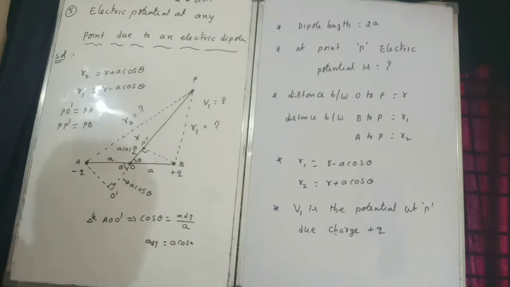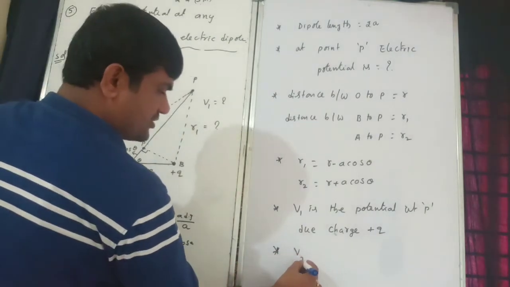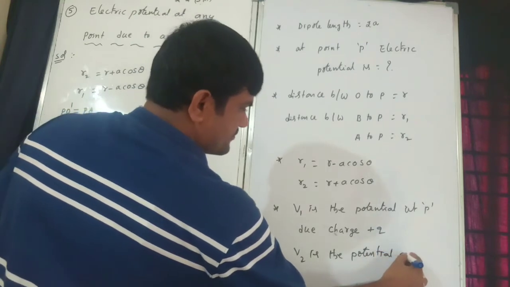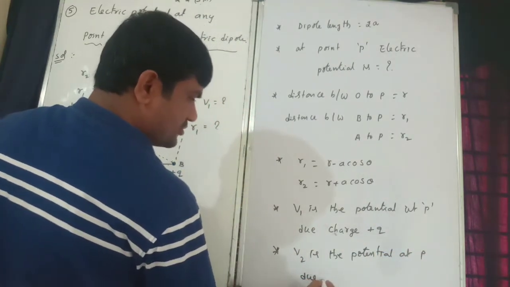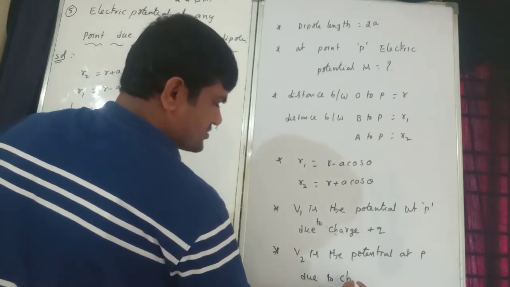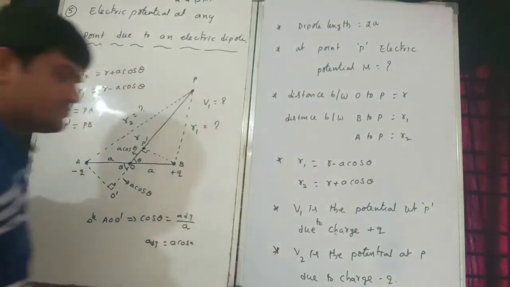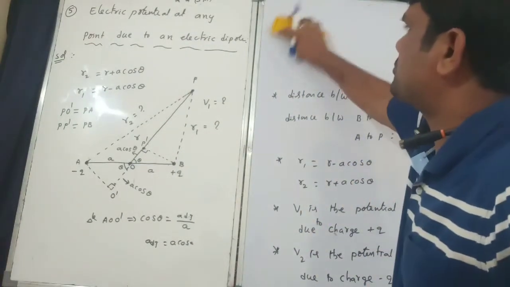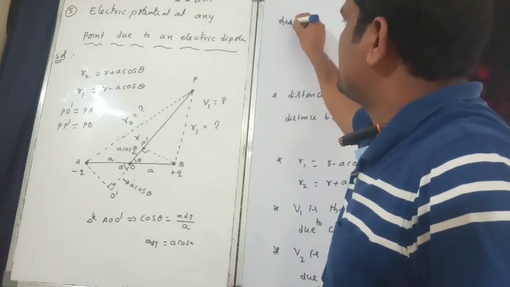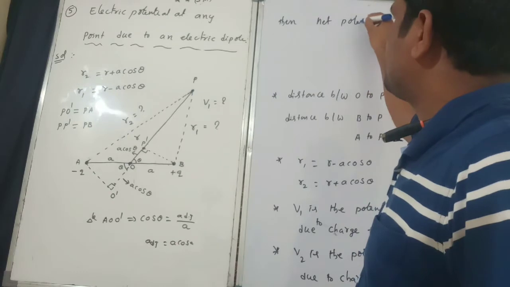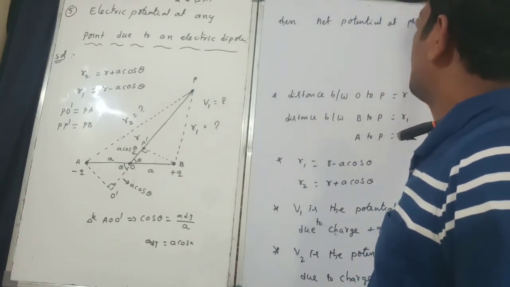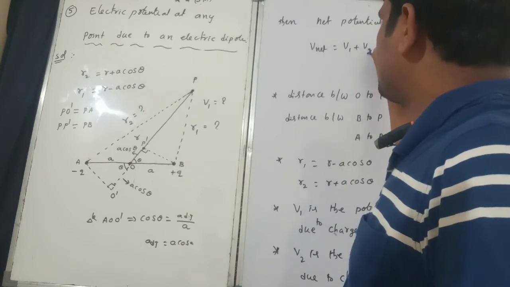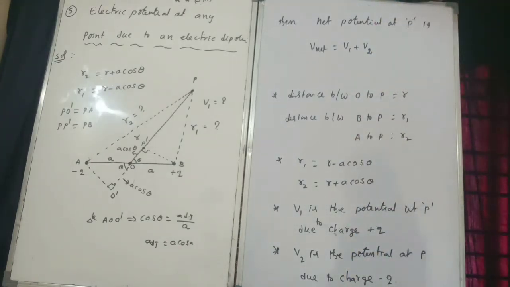That is, similarly V2 is the potential at P due to charge minus Q. Then net potential at P is V net is equal to V1 plus V2. V1 plus V2, correct?